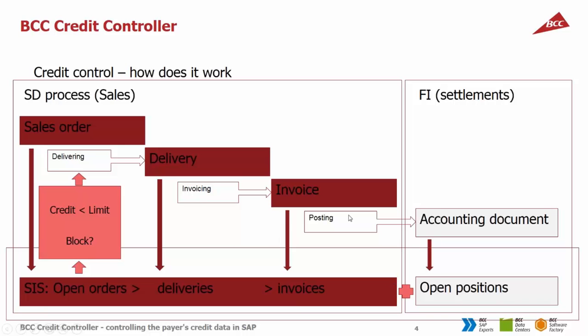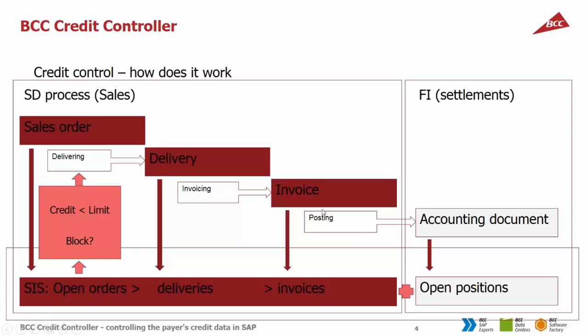The next step is posting, in other words, creating an accounting document in the finance module. At this point, the value of the sales process disappears from the statistics of the sales and distribution module and appears as an open position in the finance module, waiting to be associated with the payment.